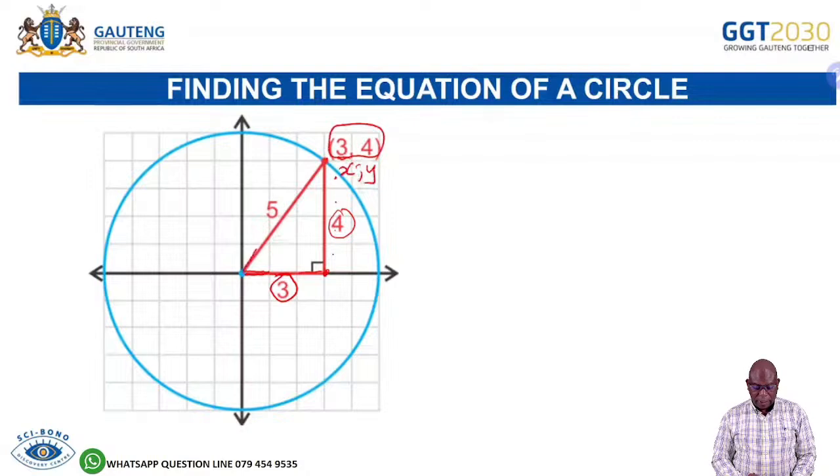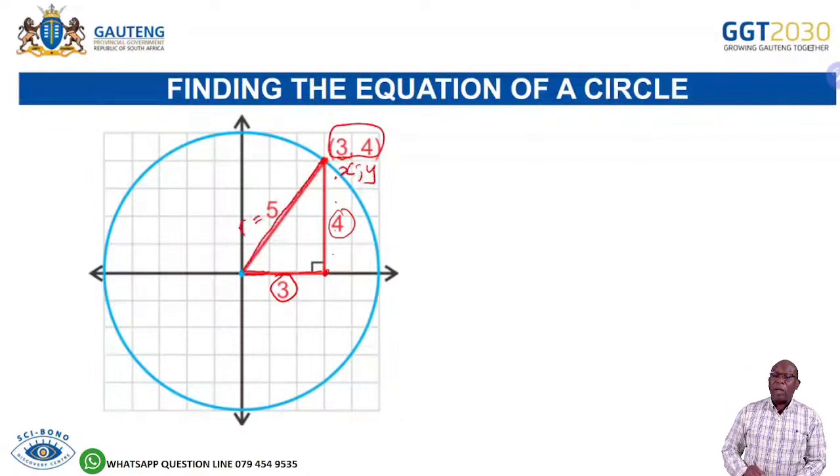Remember, the line that is from the center of the circle to the circumference is called a radius. So that 5 here is the radius. For me to get the equation of the circle, I'll use the theorem of Pythagoras that we did in grade 9.